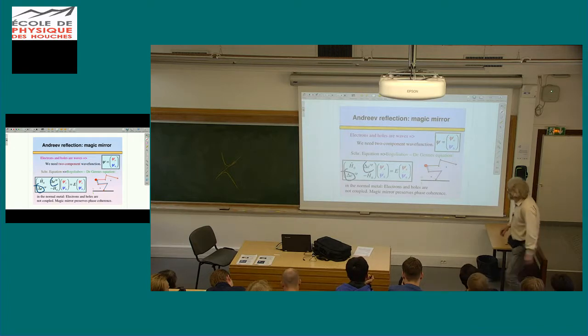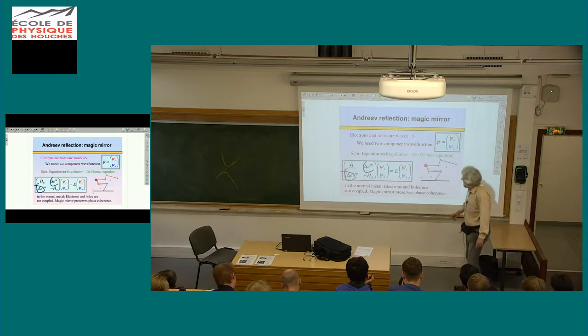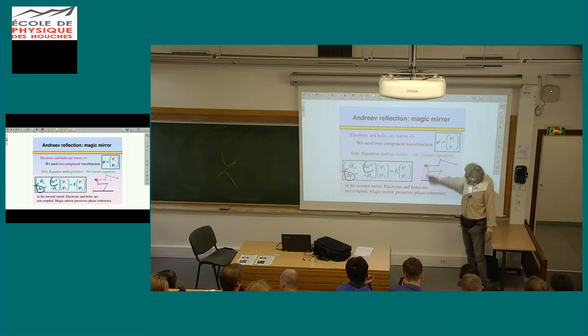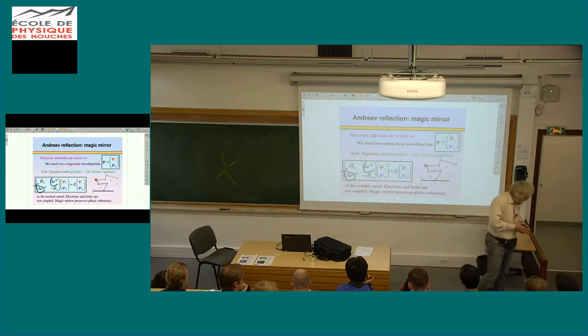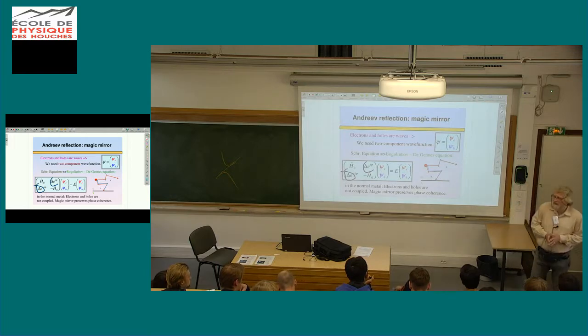together. But let us consider a wave which starts in normal metal, gets to the superconductor. Perhaps it experiences some scatterings, there is a kind of scattering of the wave. Right. It gets to the superconductor.